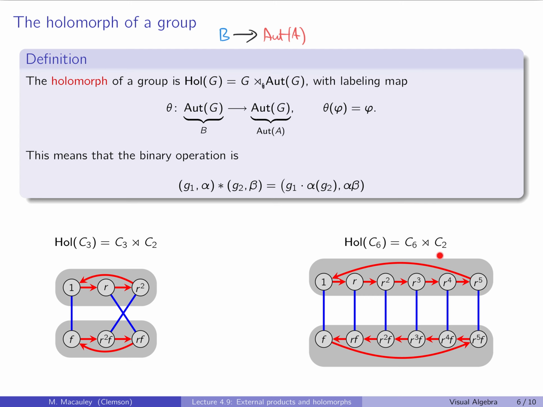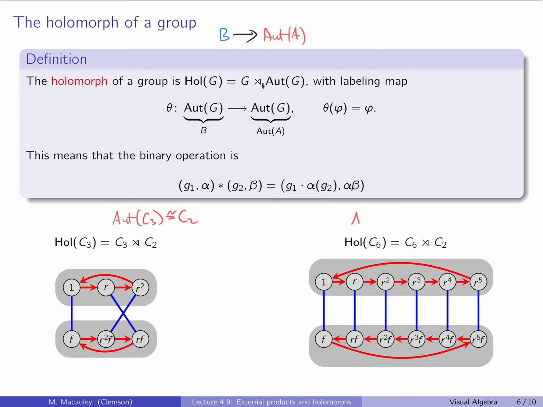Here's an example that I think we've seen before. I also think I actually took this for the next lecture as well, but I'm sure we've seen stuff just like this before, where in both of these cases, the automorphism group of, in this case, C3 is isomorphic to C2.